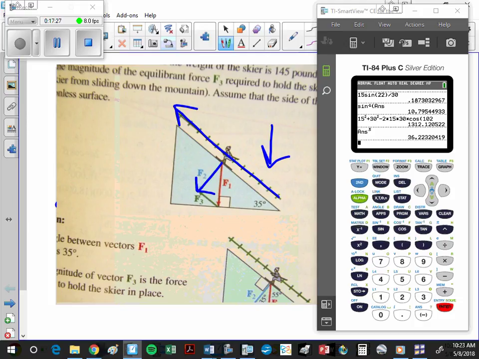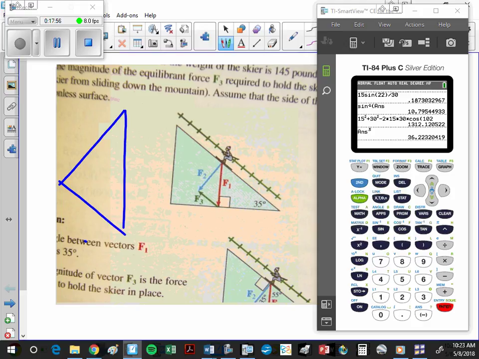Okay, so the angle between the vectors F1 and F2 is 35 degrees. The magnitude of the F3 vector is the force required to hold the skier in place.